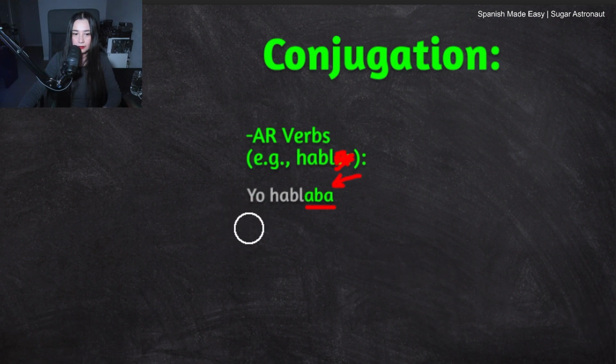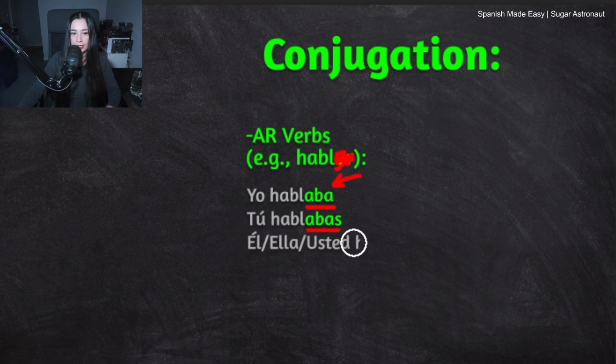The next one, tú hablabas, you were speaking. Okay, we have again the other ending in green, so just pay attention to that. Hablabas, tú hablabas. Now the next one is él, ella, usted hablaba.